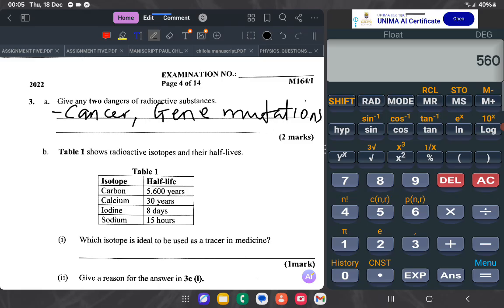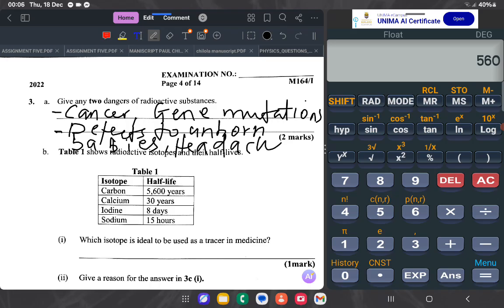It can also cause defects to unborn babies. It can cause headaches, and many other effects. It can also lead to crop damage.